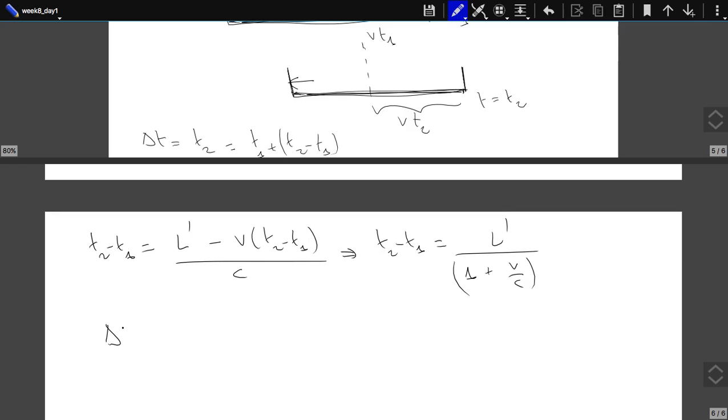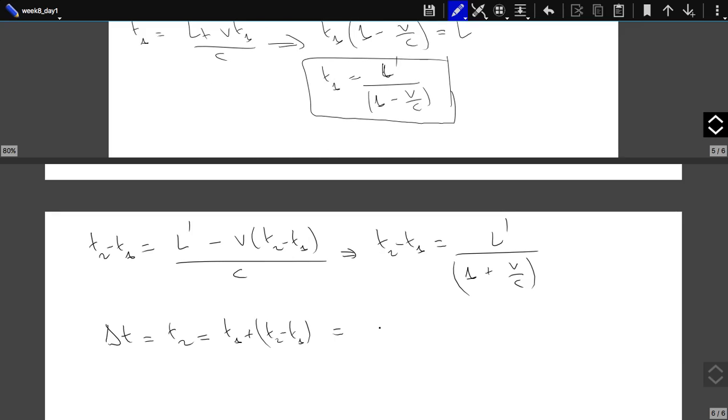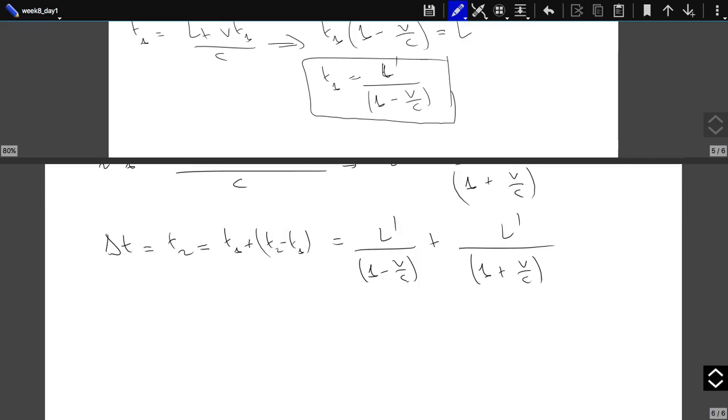Now delta t is equal to t2, which is t1 plus t2 minus t1. T1 is L prime over 1 minus v over c, and t2 minus t1 is L prime over 1 plus v over c. So delta t is equal to 2 L prime over 1 minus v squared over c squared, which is 2 gamma squared L prime.